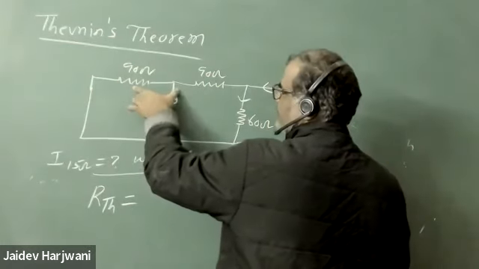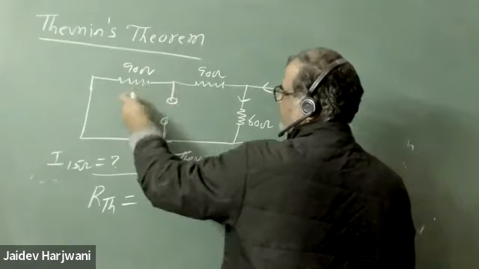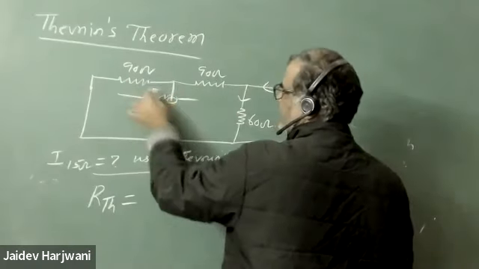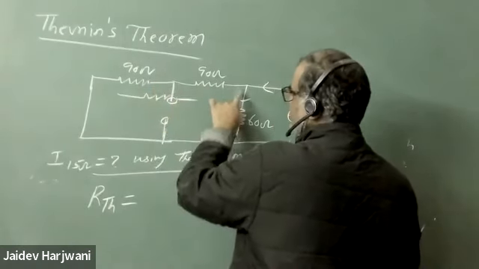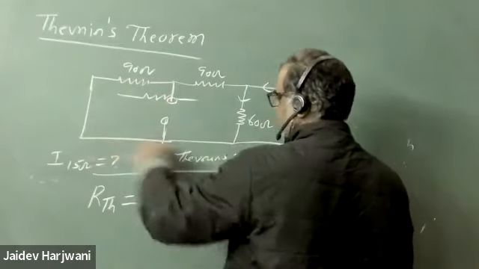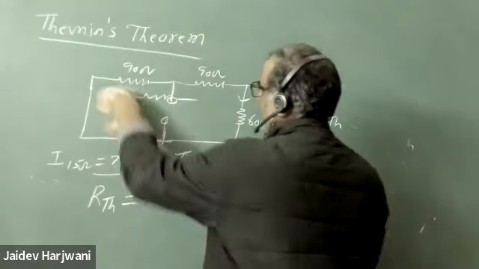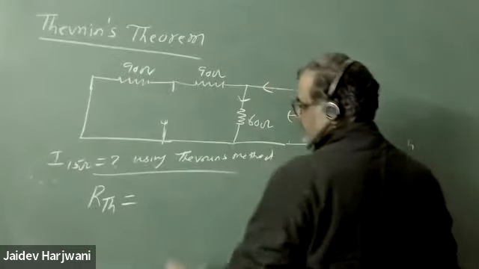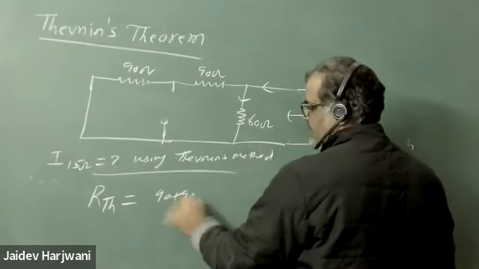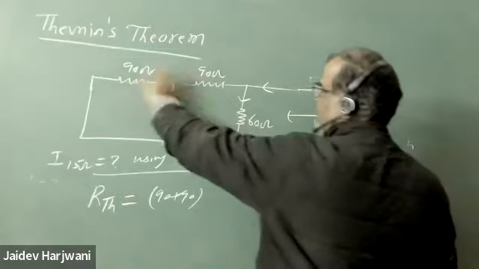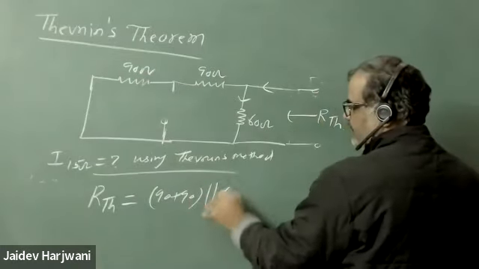The equivalent of these two resistances is 180 ohm. Now this 180 ohm is connected here and disconnected here. That means if you want to calculate RThevenin, it will be your 90 plus 90, and this combination of 90 plus 90 will be parallel to your 60.